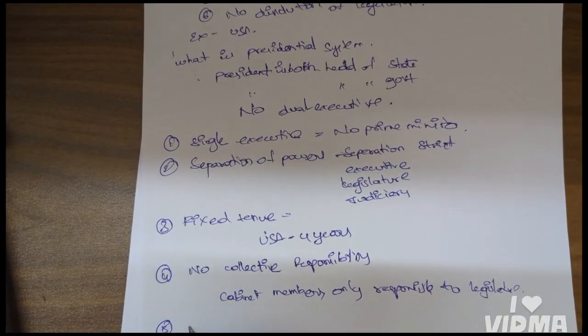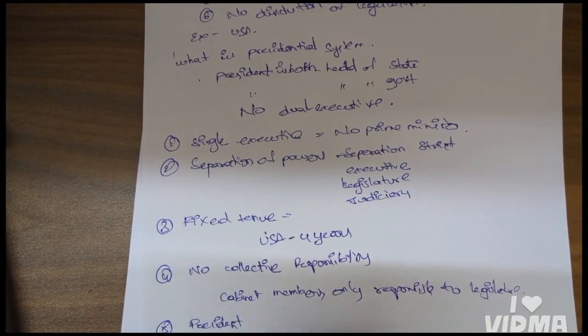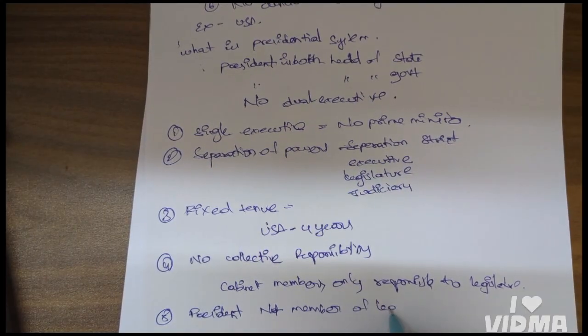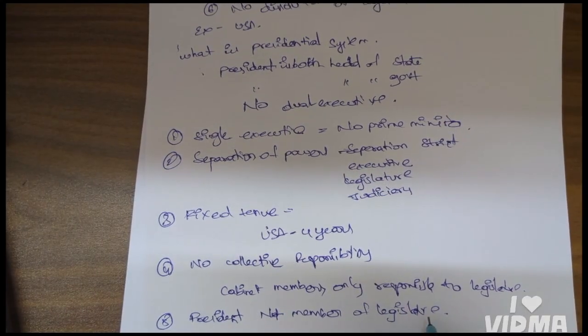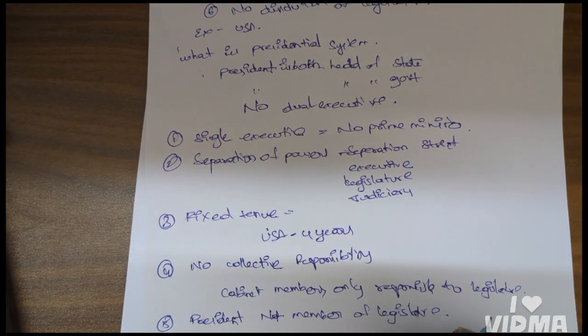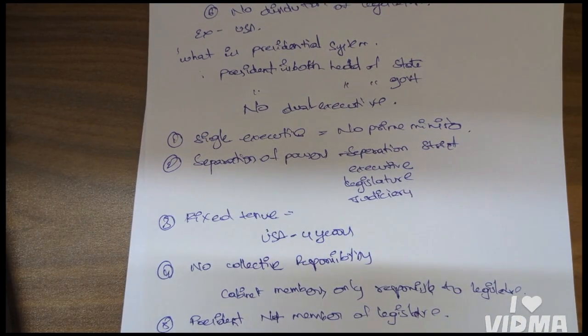Next, another feature, the president is not the member of legislature. The president cannot sit in the legislature sessions. He cannot directly participate in debates. This maintains the separation of powers. Okay. Next, another feature is no dissolution of legislature.